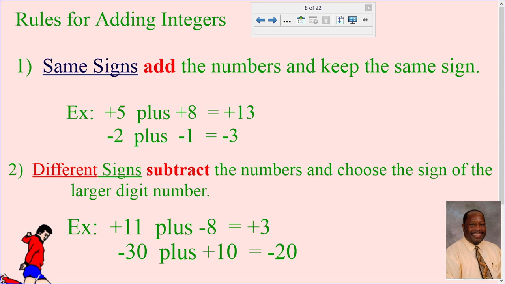Since 30 is bigger, we will choose the sign next to the 30, which is negative. So our answer is going to be negative 20. So negative 30 plus positive 10 equals negative 20. Remember, different signs subtract the numbers and choose the sign of the larger digit number.